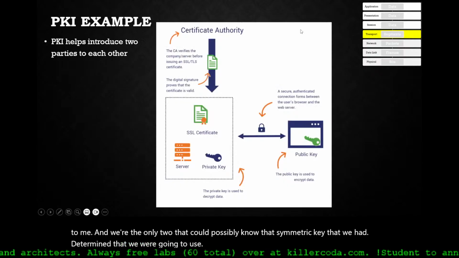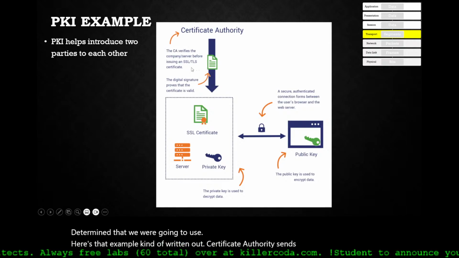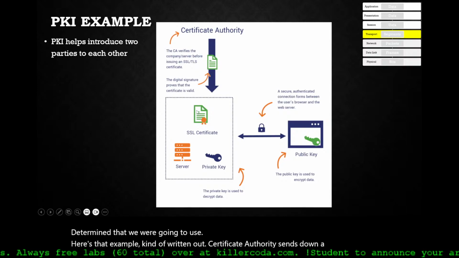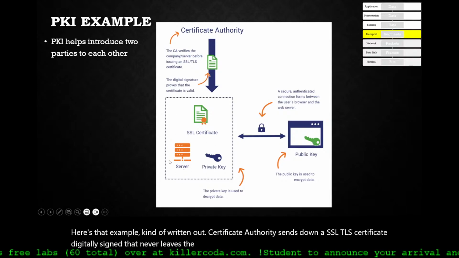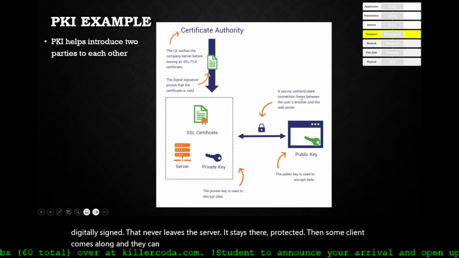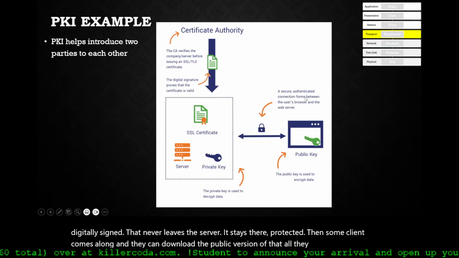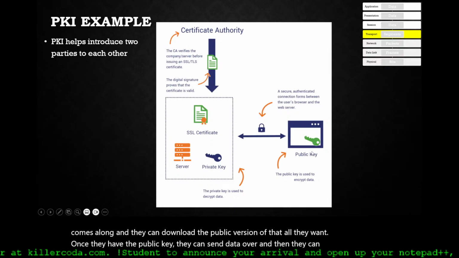Here's that example kind of written out. Certificate authority sends down an SSL/TLS certificate. It's digitally signed. That never leaves the server. It stays there protected. Then some client comes along and they can download the public version of that all they want. Once they have the public key, they can send data over, and then they can establish that communication channel, right?